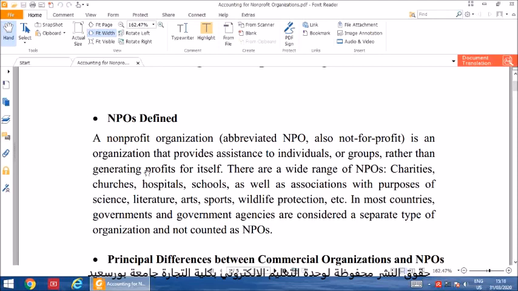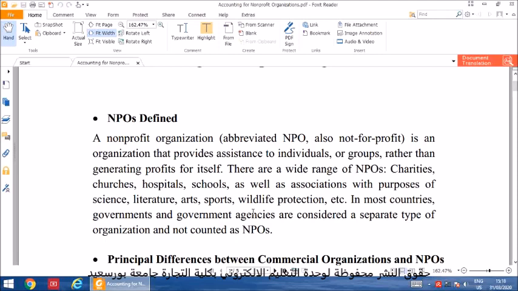There are a wide range of non-profit organizations: charity, church, hospital, schools, as well as associations with purpose of science, literature, arts, sports, wildlife protection.